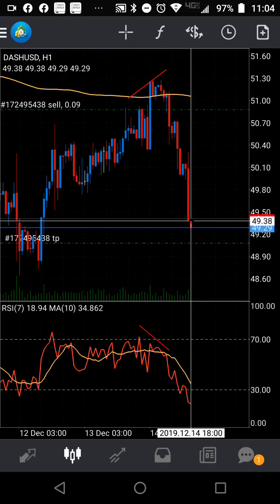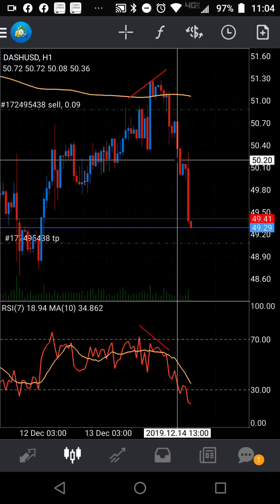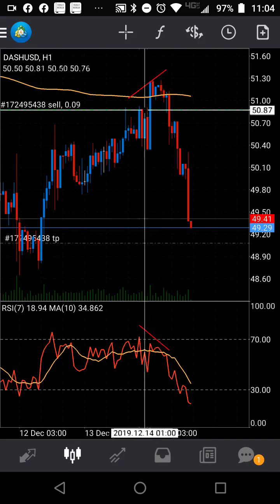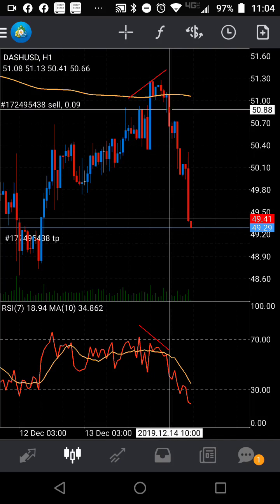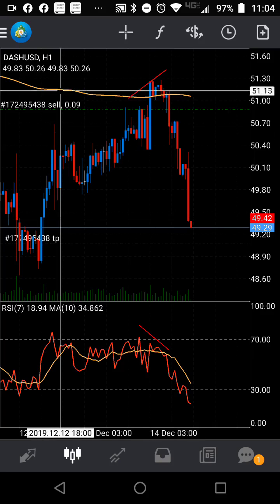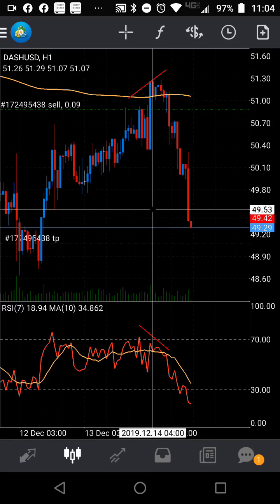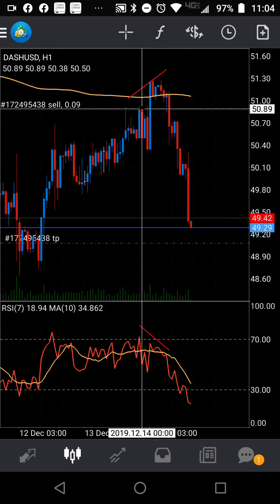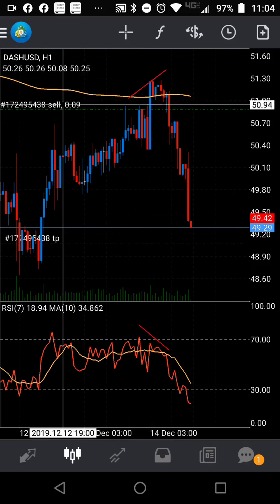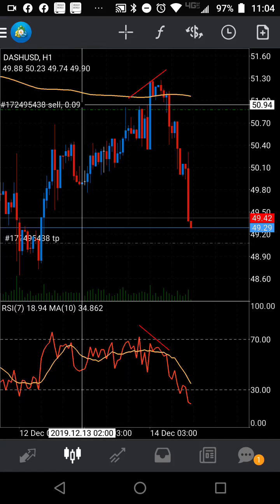When you come on this platform here, you're able to bet against it, even if you don't own it. You can bet against it, and it is multiplied by this number right here. So instead of just losing money by holding Dash, I was able to bet against Dash and multiply my earnings by 0.09.